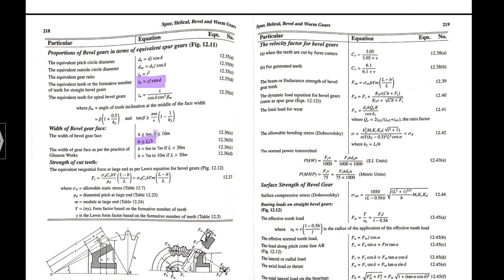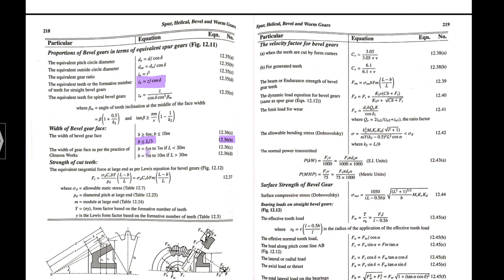Anyway, this equation 12.36b has to be used for the substitution of L or b, and b will be substituted as 10m. It will be better if you go with the substitution L equal to 3b; that is sufficient. Another option is that b varies from 6m to 7m, or from 7m to 10m, if L is greater than 30m or less than 30m.